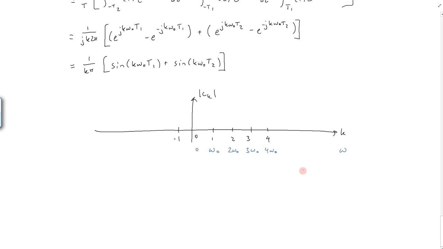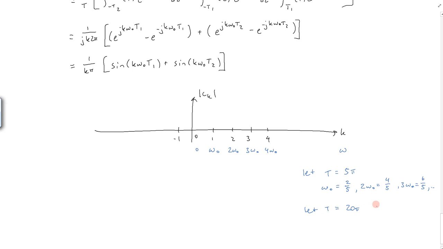Suppose we let T, which we left arbitrary in our original formulation, be equal to 5 pi seconds. Then omega 0 is equal to 2/5, and 2 omega 0 is equal to 4/5, 3 omega 0 is equal to 6/5, and so on, all in radians per second. Suppose instead we let T equal 20 pi.